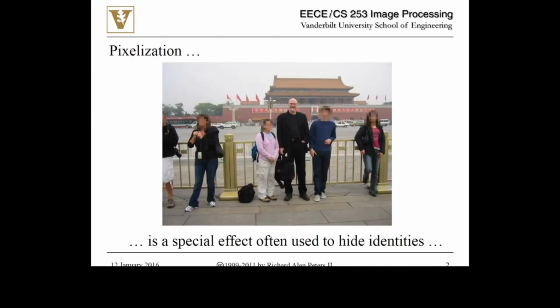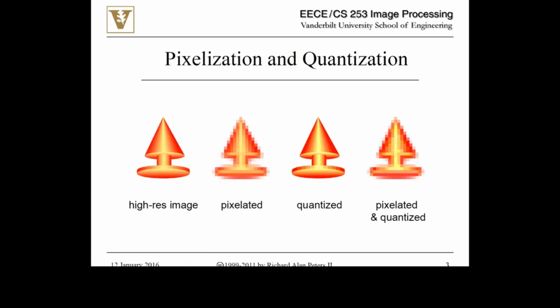Okay, so pixelization is this effect where you take a group of pixels and you compute the average of those, and then you have regions in the image with different pixel sizes. So the pixel size here is very small, while the pixel size here is rather large. Okay, so this is something very easy.